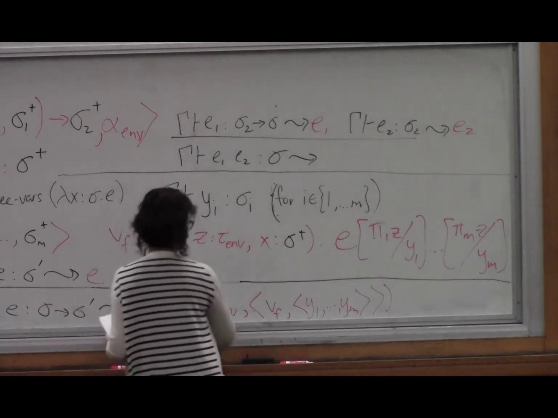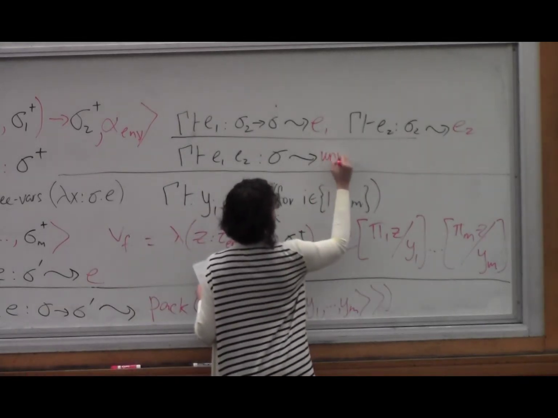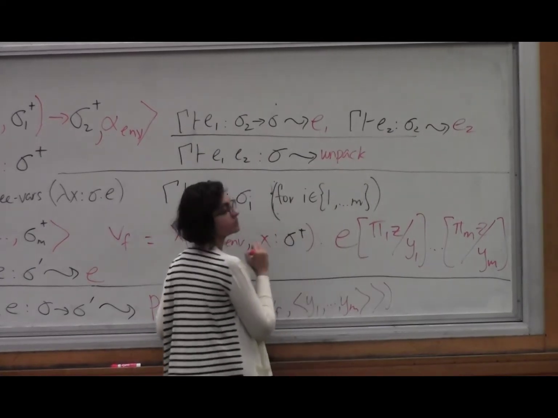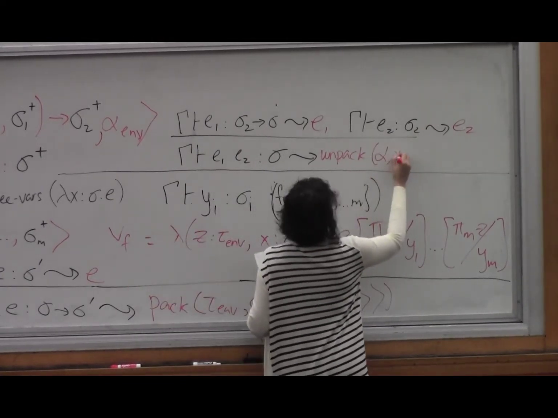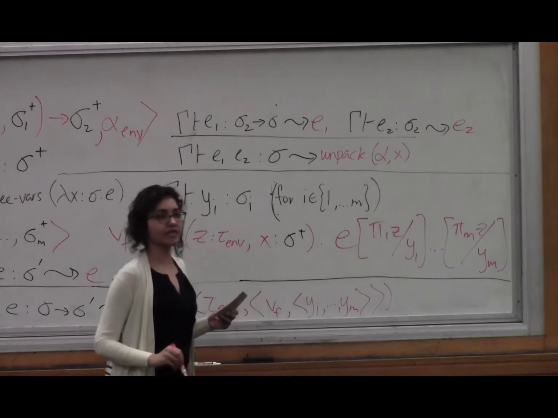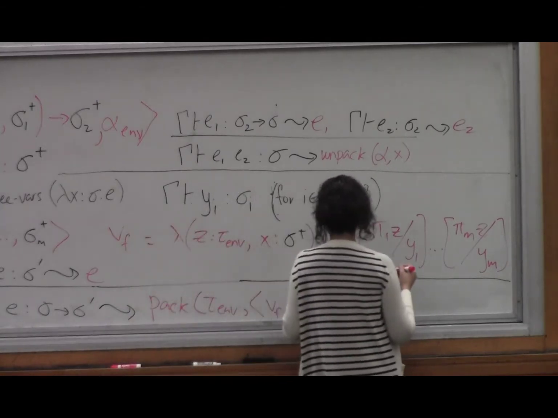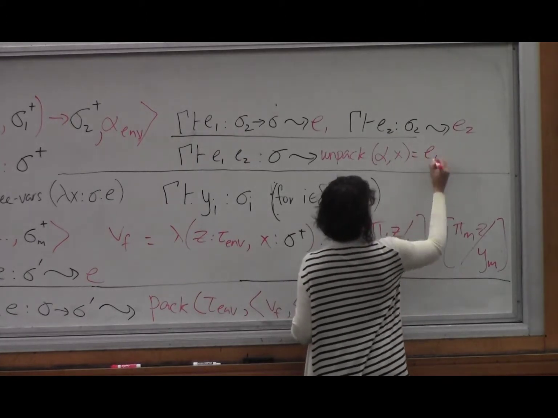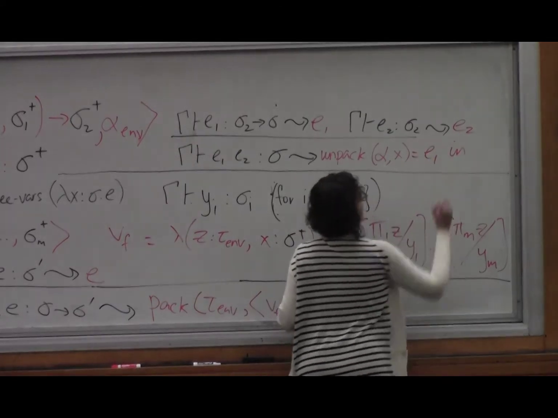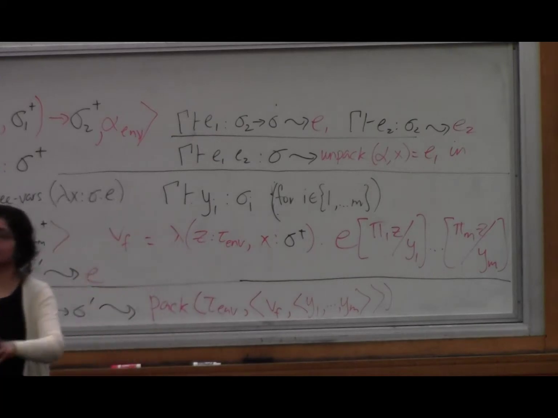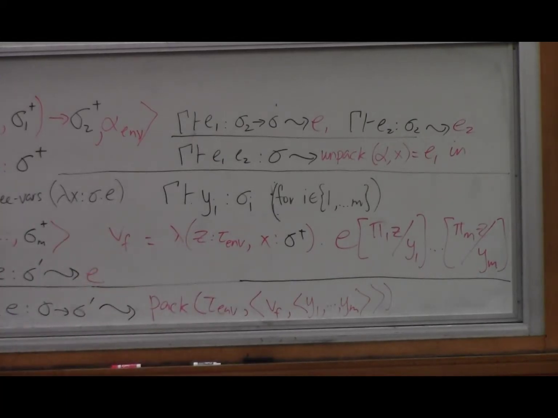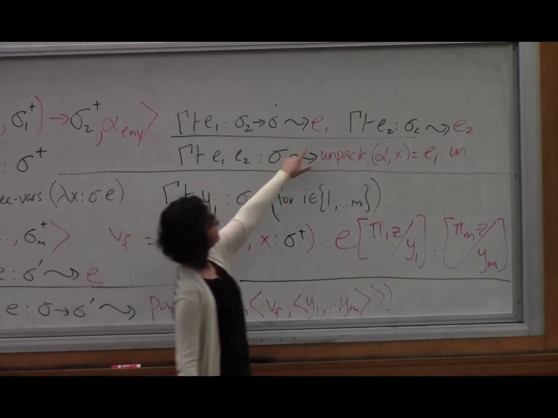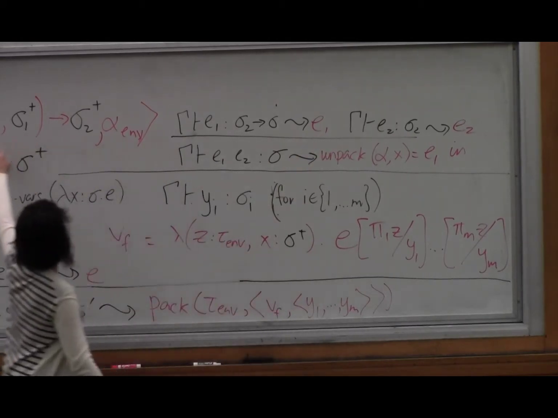So we are going to unpack alpha x, our E1, and then what do we do in the body of the unpack? What does unpack do? We're unpacking this thing, which has this existential type.